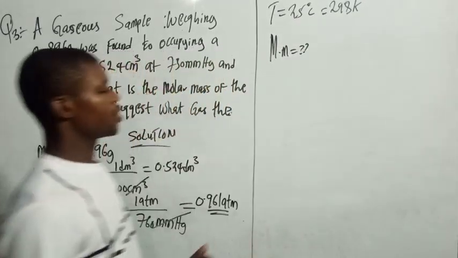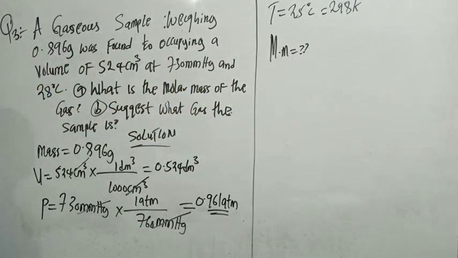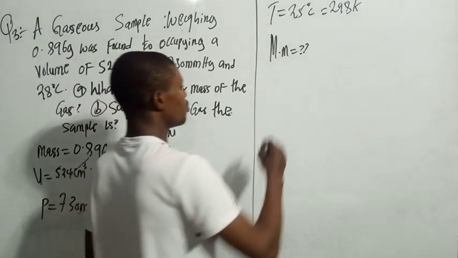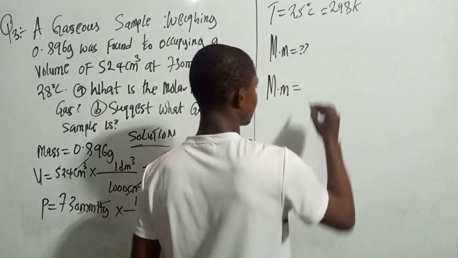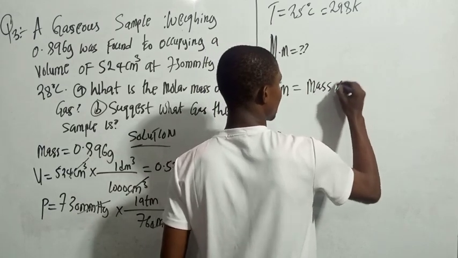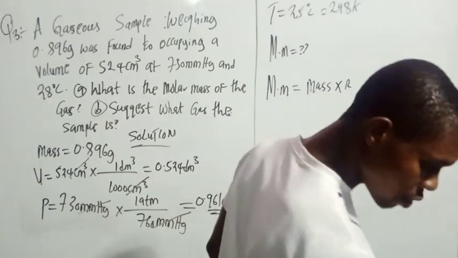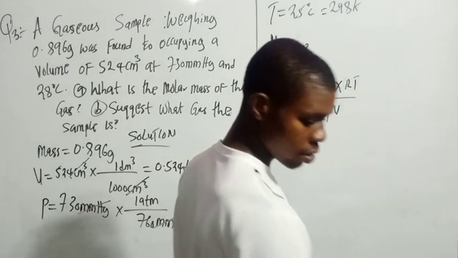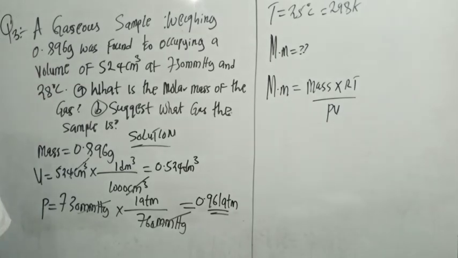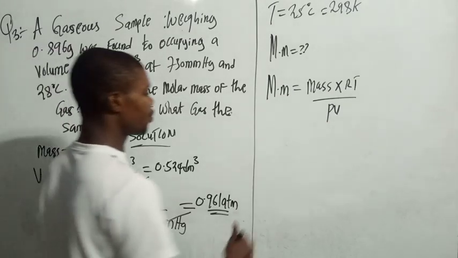So you want to calculate the molar mass of the gas. How do you calculate molar mass? You are going to use the formula that relates mass, volume, pressure and temperature, and that is going to be molar mass is equal to mass times RT over PV. So this is the formula we are making use of. You then substitute your values.